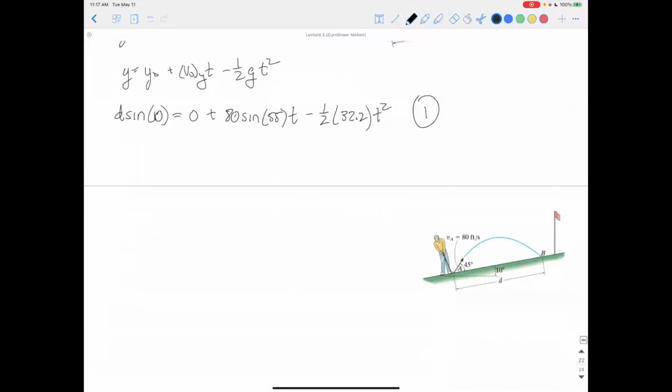So let's look at our motion in the x direction now. If we write down x is equal to x0 plus v0x t, we'll end up with x is equal to, well, x0 we'll just say is equal to 0, plus 80 cosine 55 times t.